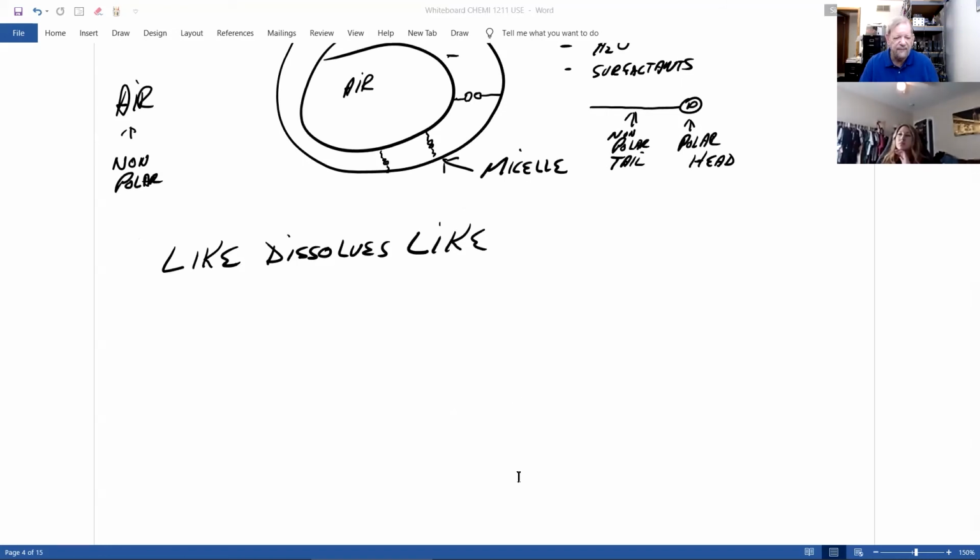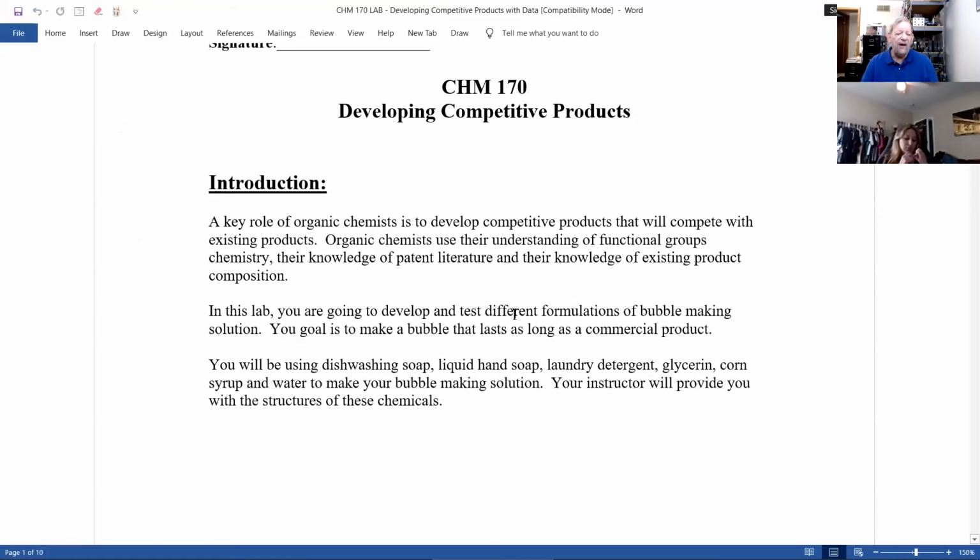lab. Now, in this lab, you're going to be developing and testing different formulations of bubble making solutions. And the goal is, well, I figured out the ECC was never going to let me spend a couple of $10,000, $20,000 for equipment to measure bubbles for one lab. No way.